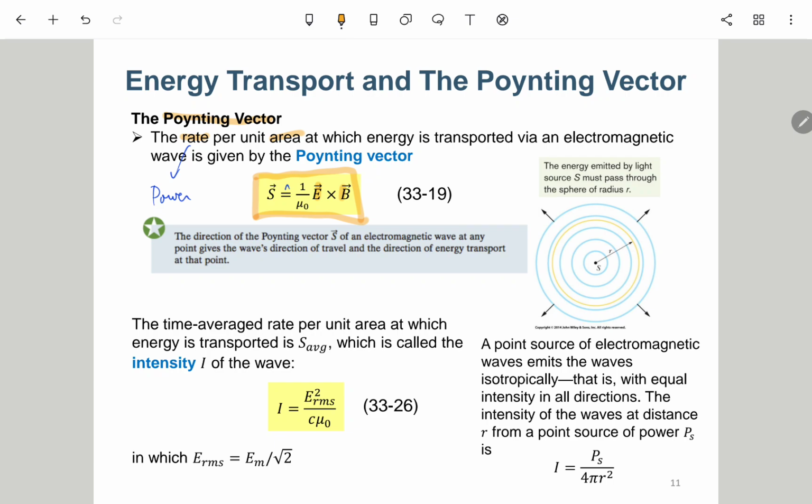This is very straightforward, and it is normalized by this mu naught, so that the SI units on both sides will be equal. But you may still ask why this magnitude is something like that. I will explain it a little bit later.